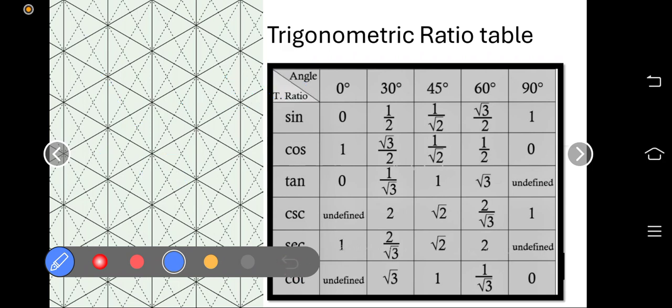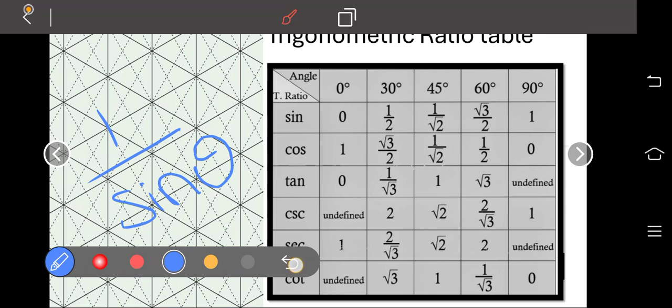And cosecant. How can you do for cosec? What is cosec? Cosec is 1 by sin theta. How is it 1 by sin theta? 1 by sin theta are the reverse, like the reciprocal values, you can say. How can you say it as reciprocal values? I'll show you.